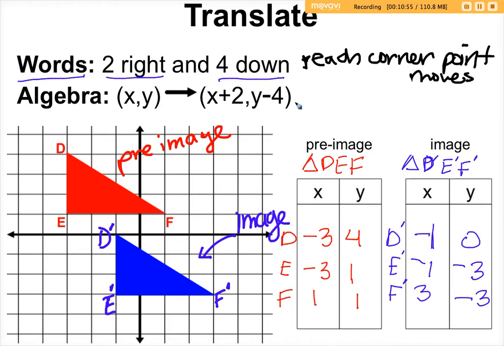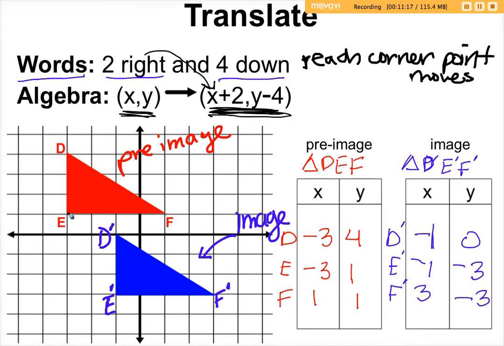Now, something I want you to take note of is this algebra. What this algebra portion is saying is it's telling us the x coordinate, which is our pre-image coordinate, I'm going to add 2 to that x coordinate. Adding 2 is going to move my shape to the right.